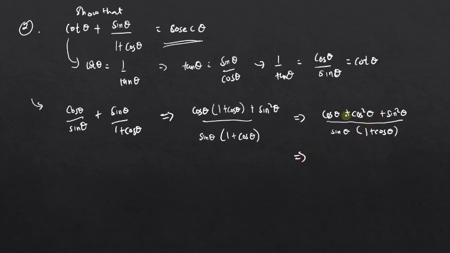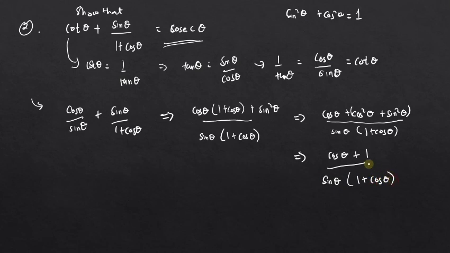Then you can simplify this further. We know that sine squared theta plus cos squared theta is equal to 1, so all this part can be equal to 1. So we will now have cos theta plus 1 all over sin theta into bracket 1 plus cos theta. You can see that the numerator is equal to the 1 plus cos theta in this bracket here, so we can cancel them out.